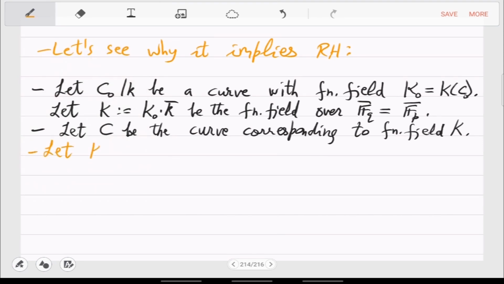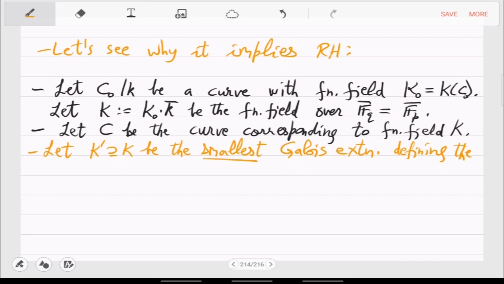So let K prime be the smallest Galois extension defining the Galois cover C prime over C. Now on C prime we can apply the theorem.